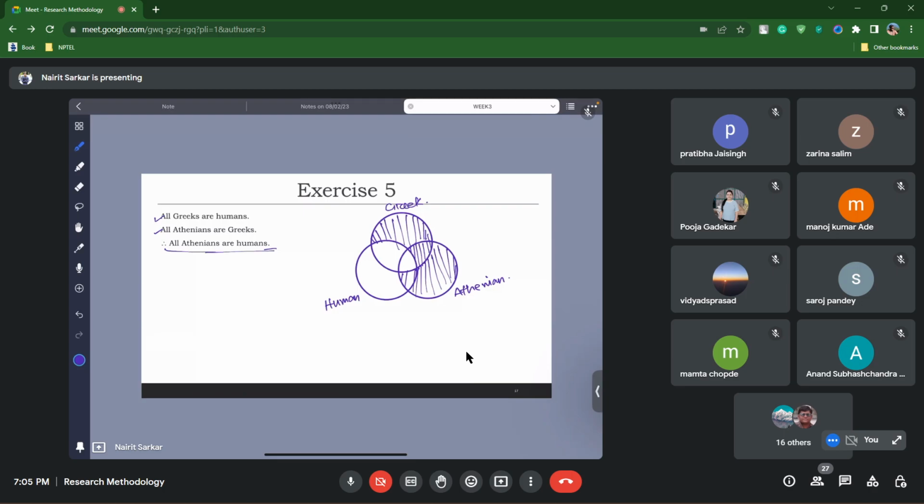So here the conclusion is all Athenians are humans, so there is no Athenian who is not human. Now tell me whether it is valid or not.